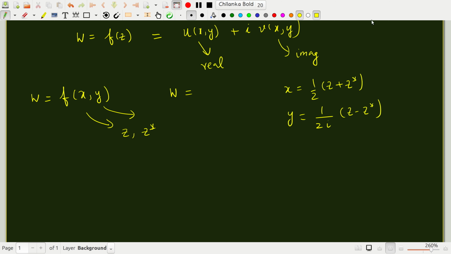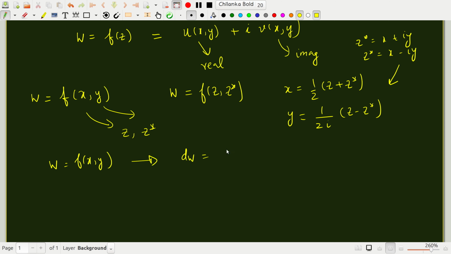Just from the two equations, z is x plus iy, z star is x minus iy, you can derive this. So instead of these two variables x and y, which are real and imaginary parts, you could imagine writing w as a function of z and z star. If w is a function of x, y, then you can write dw as partial w partial x dx plus partial w partial y dy.